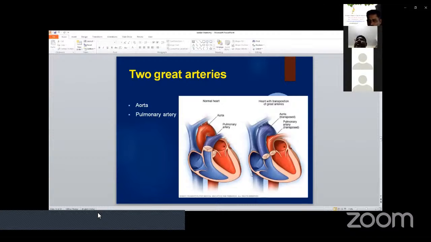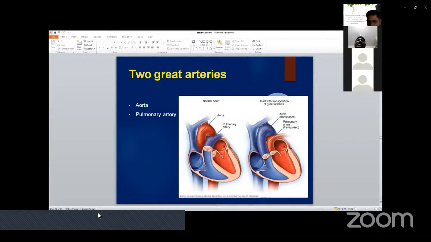The pulmonary artery supplies deoxygenated blood from the right ventricle to the lungs. The aorta, it supplies blood from the lungs to the left atrium. And here you can see the aorta and pulmonary artery, in red and blue color.